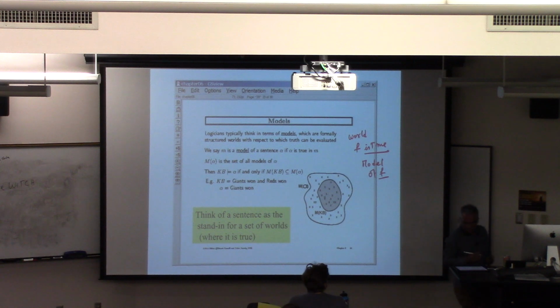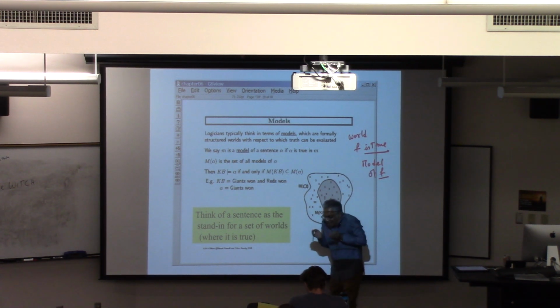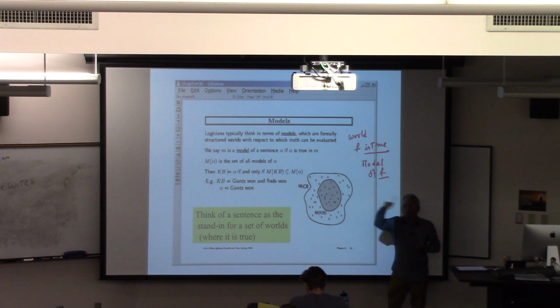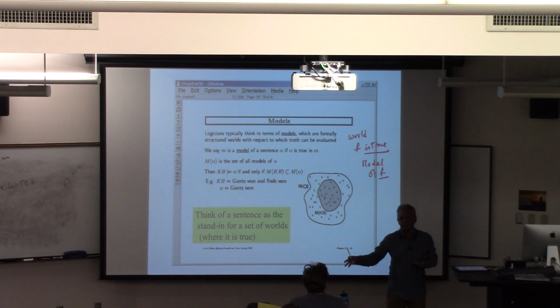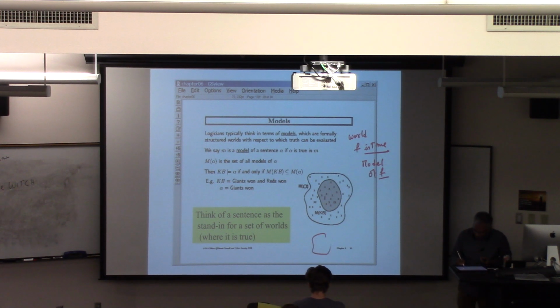Okay, so all of this basically is getting you to the point that if I have a knowledge base, then there are some worlds in which the entire knowledge base holds. That means everything in the knowledge base is true in those worlds. Let's consider that set. Here is the set of worlds where the knowledge base is true. Now I want to check if alpha follows from the knowledge base.